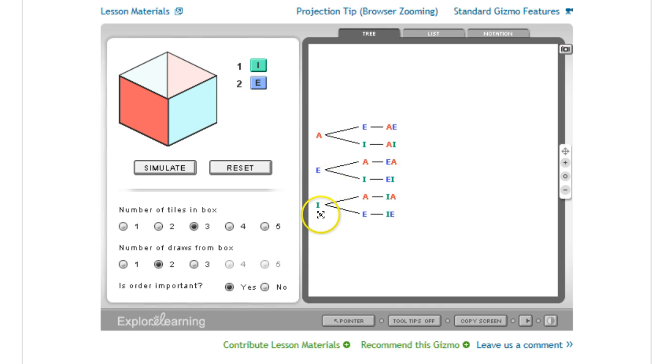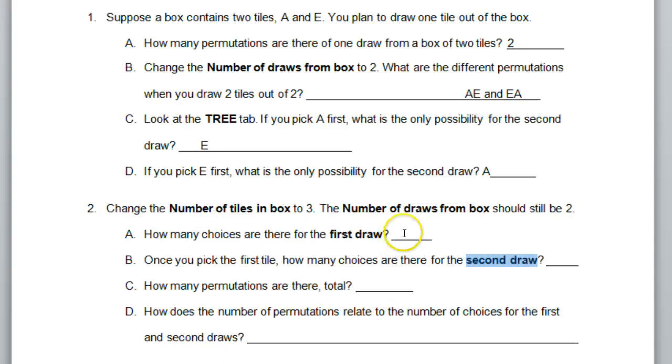As soon as you got your first pick, I, you're limited to A and E for your second draw, and then you're limited to only A or E for your third draw. So how many choices were there for the first draw? 3. And how many choices were there for the second draw after the first draw?